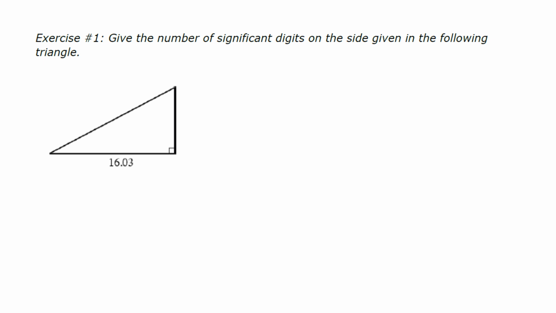Here is our first example. Give the number of significant digits on the side given in the following triangle. So we have a triangle here, and the base of this triangle has a side of 16.03. Okay, 16.03 has no leading zeros or trailing zeros.